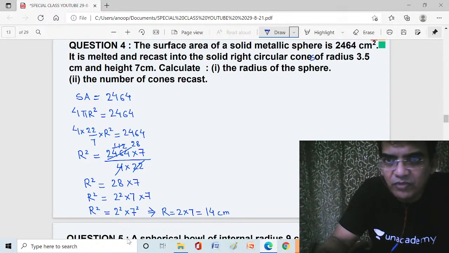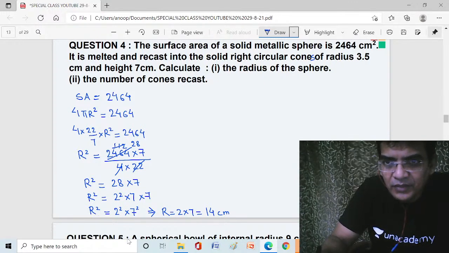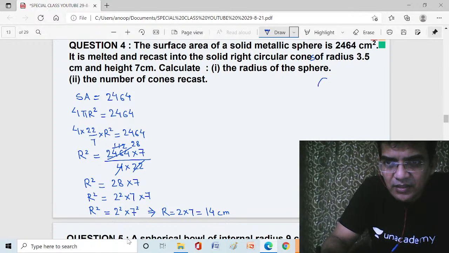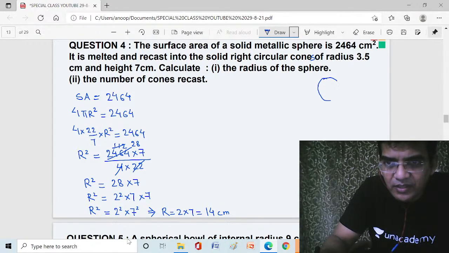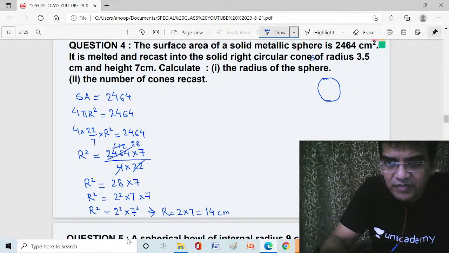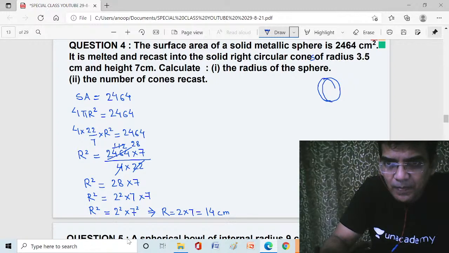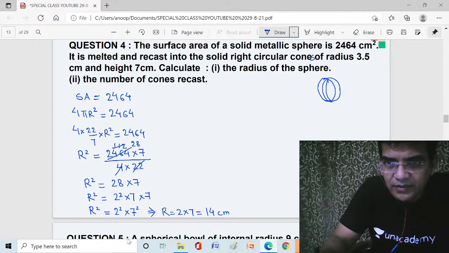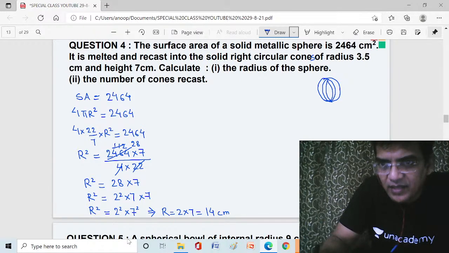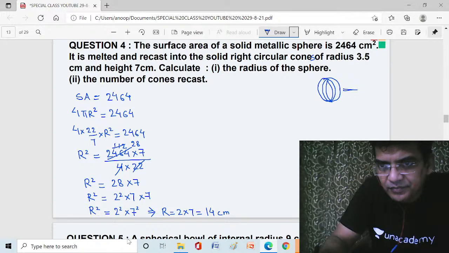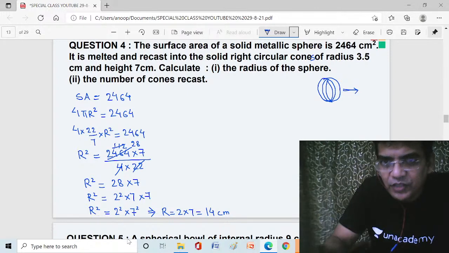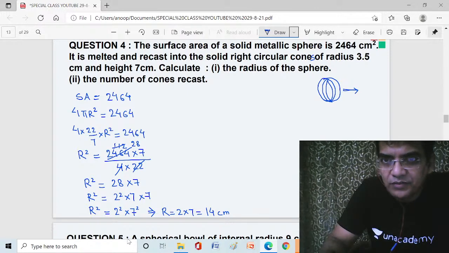Now let me first of all tell you, see, this is a solid sphere, right? We have a solid sphere. Okay, so the question is saying that this solid sphere is melted and it is recasted into cones, right circular cones.